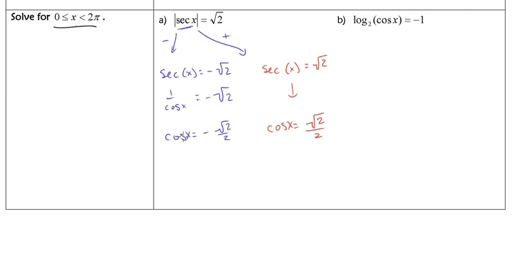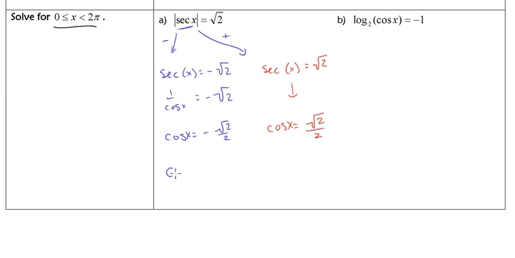So knowing that, we're going to use the inverse of cosine. Let me rewrite that, getting a little bit sloppy there.